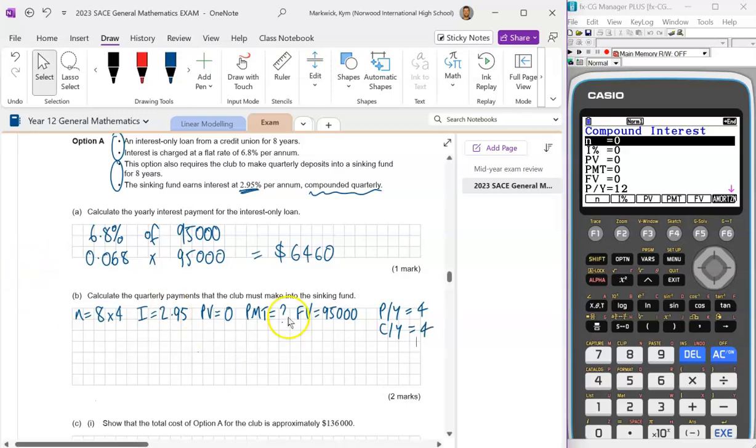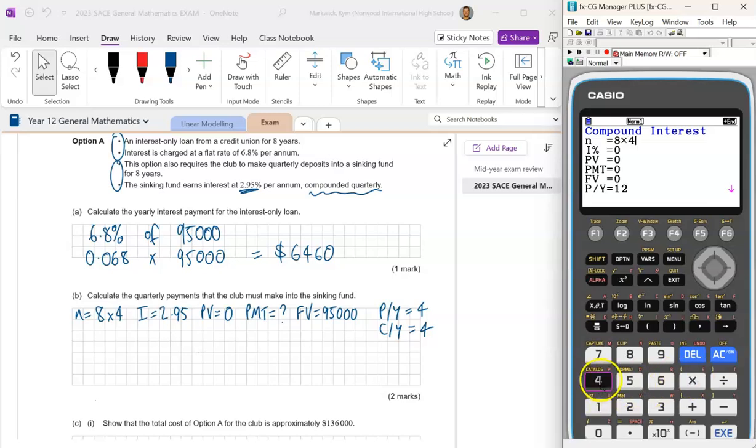So we'll put that into our graphics calculator to calculate PMT. It's 8 times 4 for N. Interest rate is 2.95%. Then we toggle down to the future value, that's $95,000. And PY and CY will both be 4.